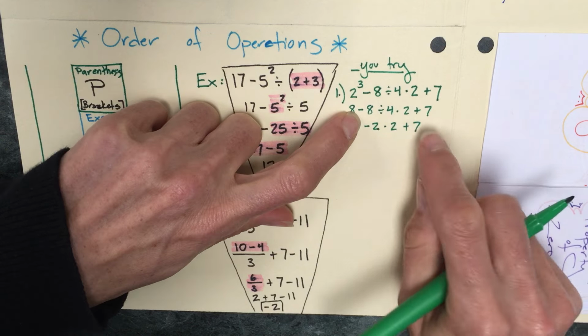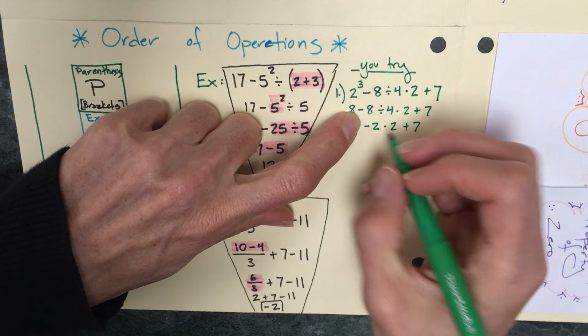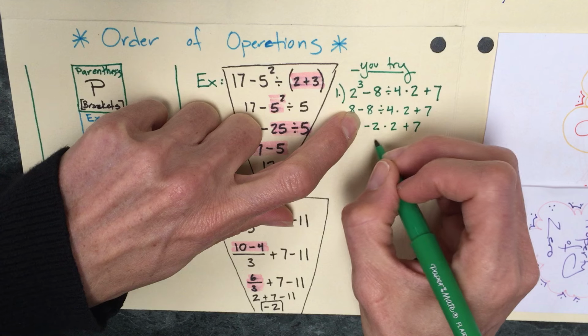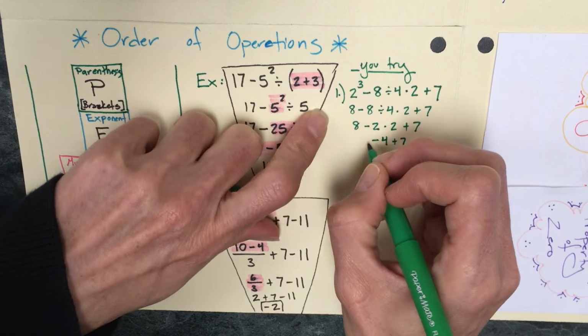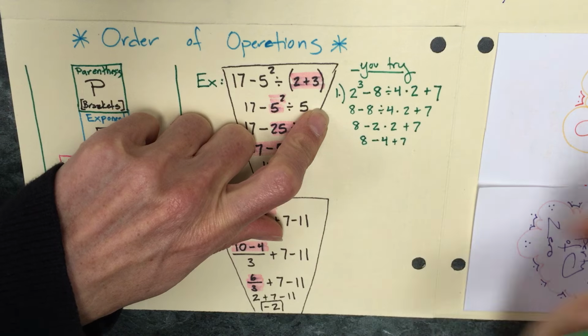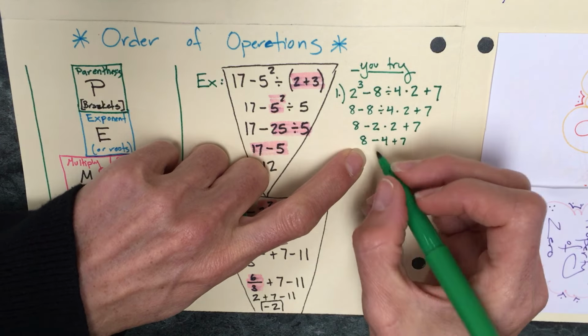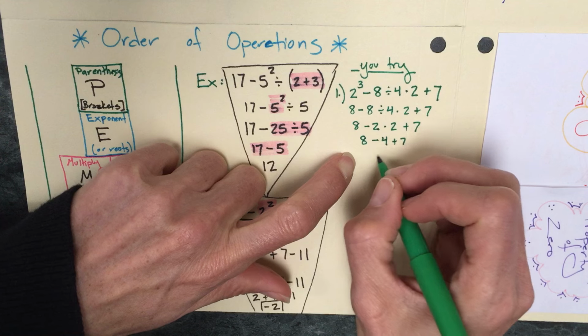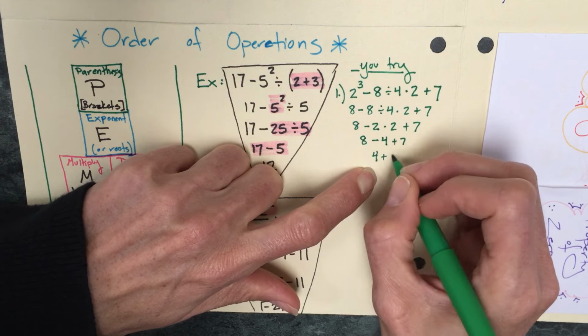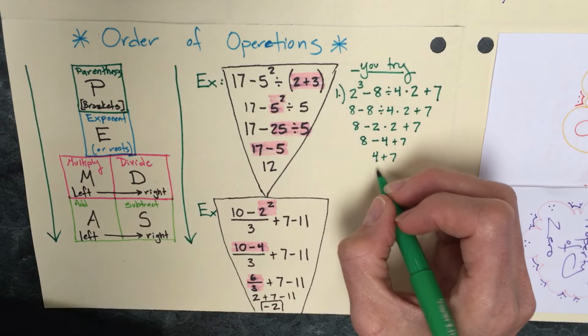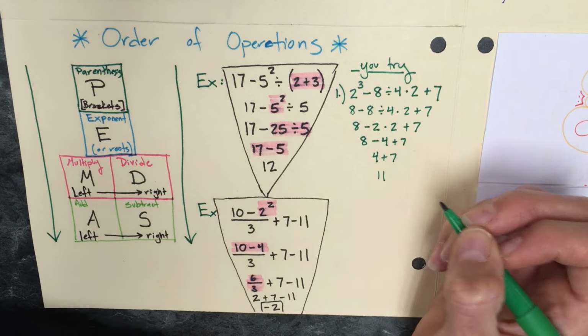I'm going to do my multiplication. -2 times 2, negative times a positive is a -4. And now I can do that subtraction. It comes first. So 8 minus 4 is 4. Bring down the plus 7. And 4 plus 7 is 11.